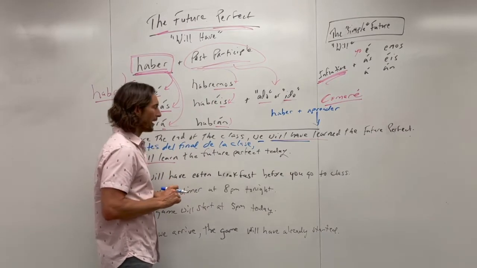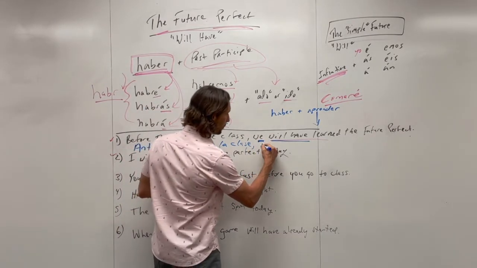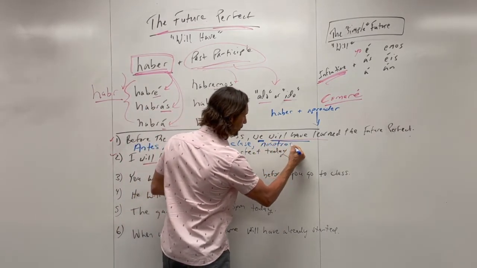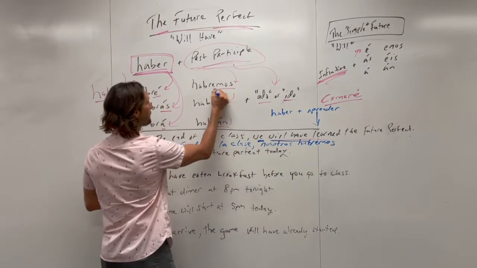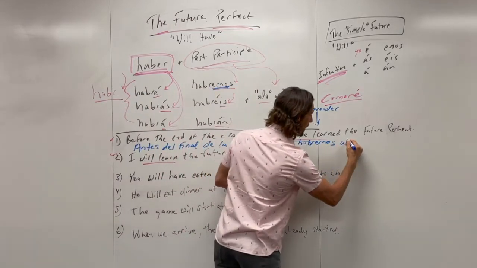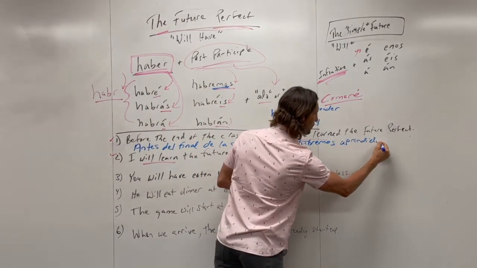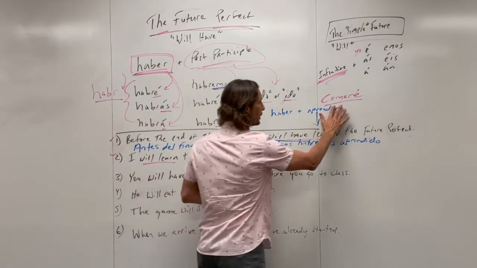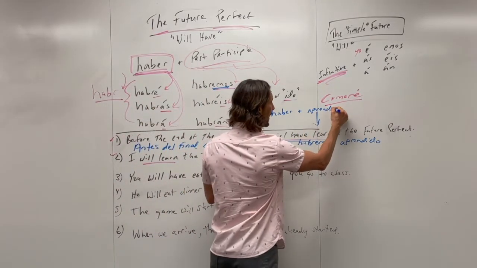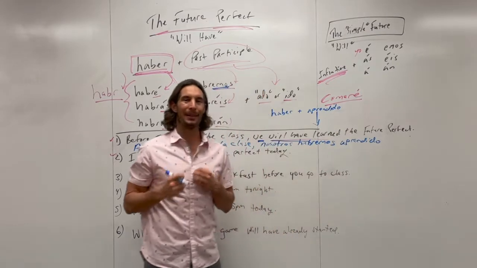So antes del final de la clase, so we'll go ahead and put nosotros habremos, I'm getting that from right here. Habremos aprendido, because of course to make our past participle, we drop the ER and we add ido. So we get aprendido.